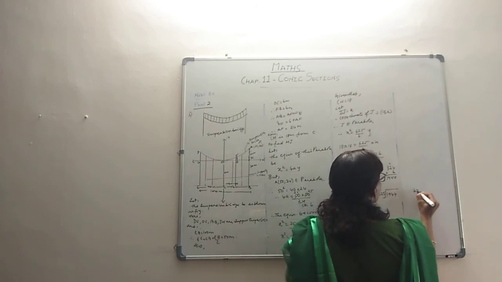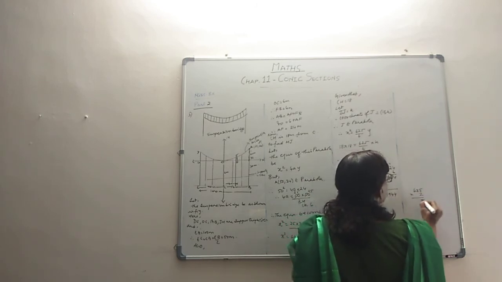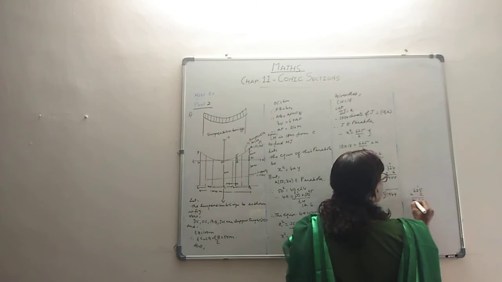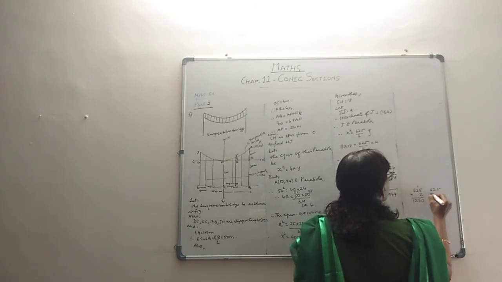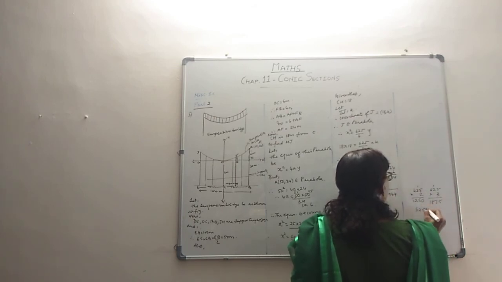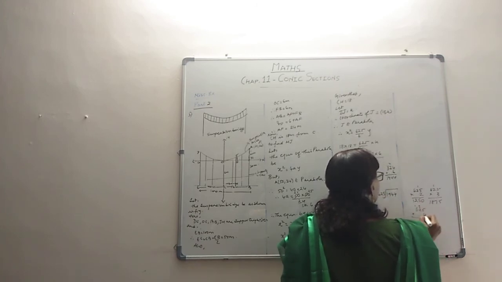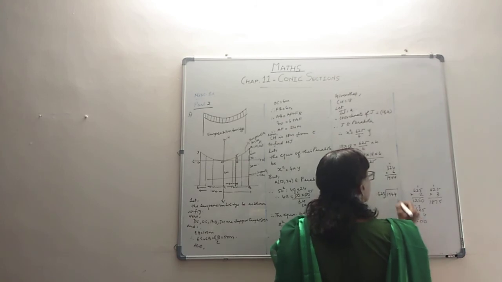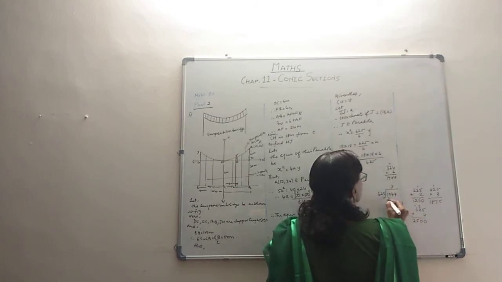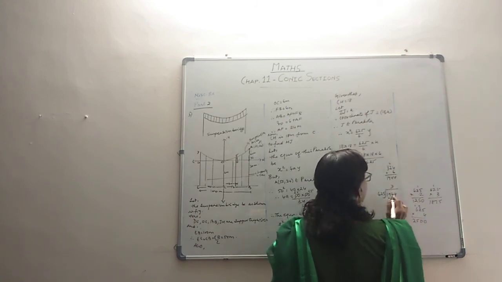Let's keep the multiples of 625 ready: 2 times is 1250, 3 times is 1875. Obviously 3 times it is 1875.